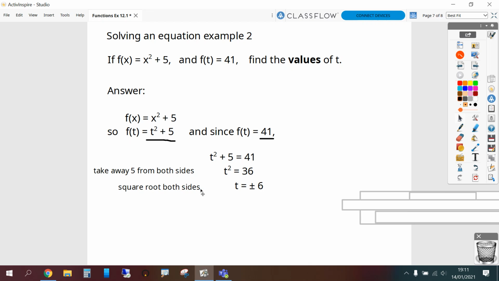Now, we get positive 6, but also square root of 36 is -6 as well. And if you think about it, 6 times 6 is 36, but also -6 times -6 is 36. So this time we get two answers, plus or minus 6.